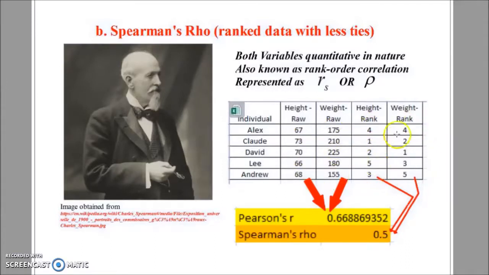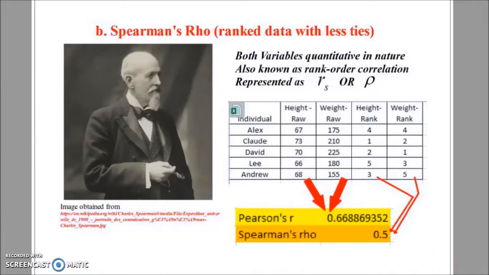And then the weight is also ranked, and then I do the correlation between the ranks, which gives me the Spearman's rho. This is also called the rank order correlation. So every one of them is converted to the ranks. That is where we come up with this. It also provides whether the two variables are correlated or not. But it depends on the researcher as to what they want and their preference as to how they want to do it.